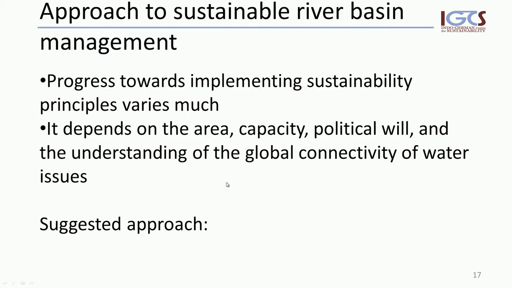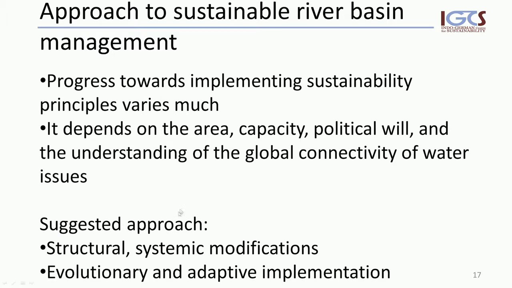So the suggested approach to this is structural and systemic modifications. We have talked about systems thinking earlier and the requirements of these structural changes coming along with the systems changes.